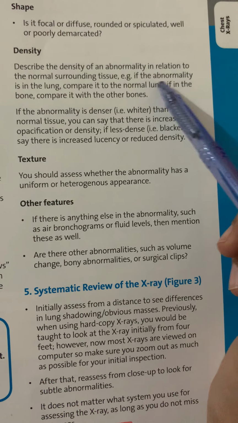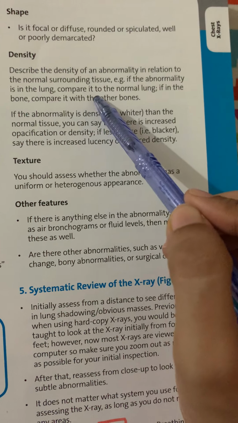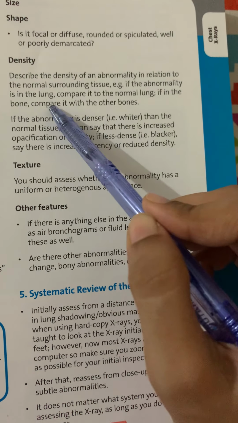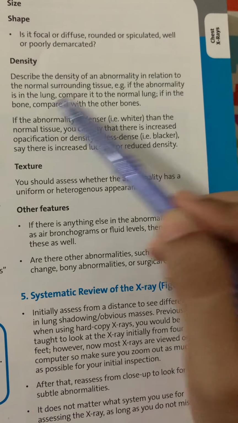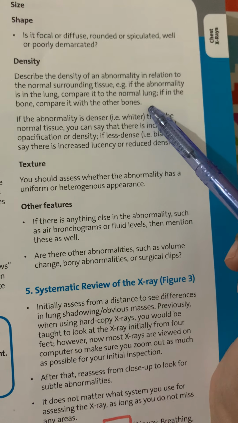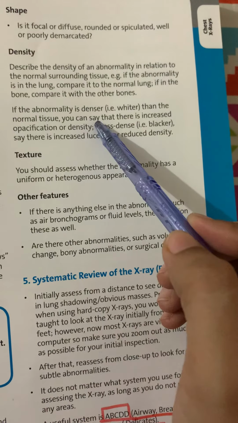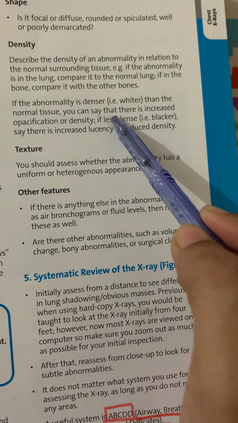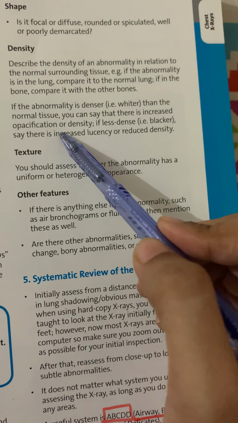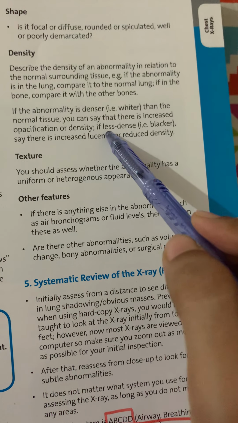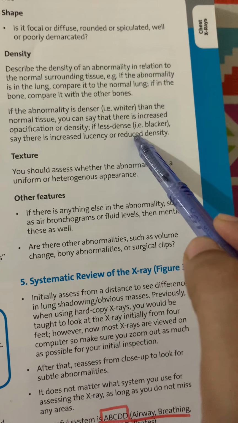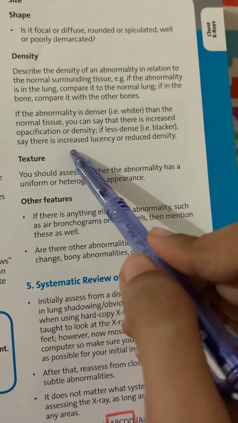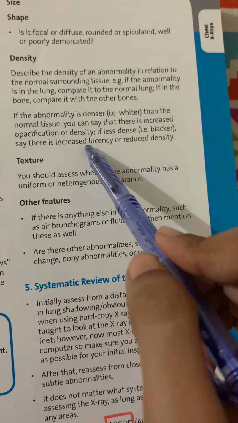For example, if the abnormality is in the lung, compare it to the normal lung, and if it is in the bone, then compare it with the other bones. If the abnormality is denser, that is whiter than the normal tissue, you can say that there is increased opacification or density. If it is less dense than the normal tissue, that is blacker, say that there is increased lucency or reduced density.